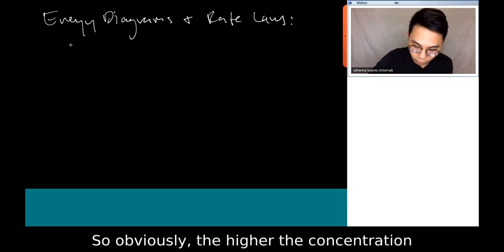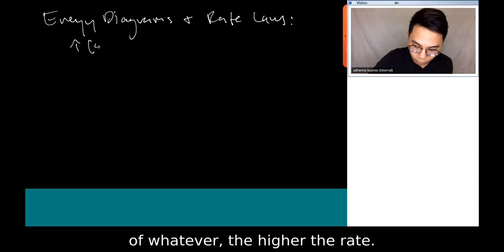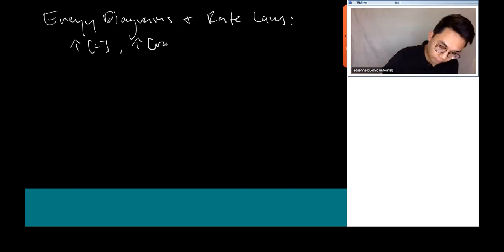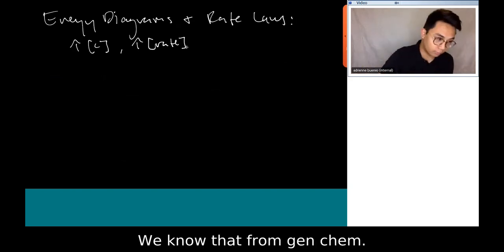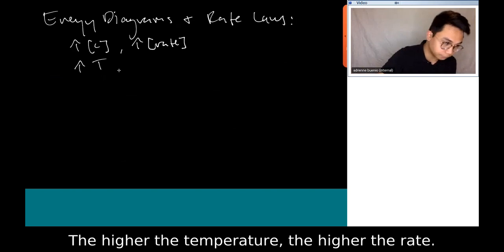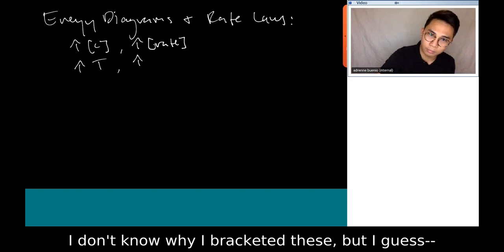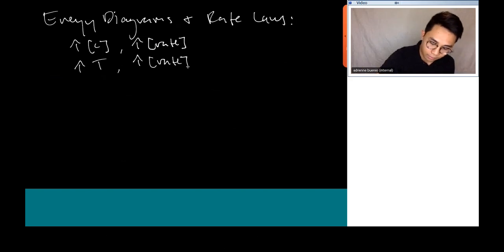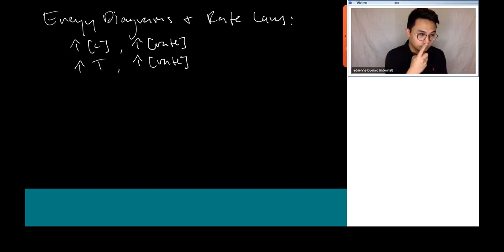So obviously, the higher the concentration of whatever, the higher the rate, right? We know that from Gen Chem. The higher the temperature, the higher the rate. I don't know why I bracketed these, but I guess the rate, right? And that's with the energy diagrams.